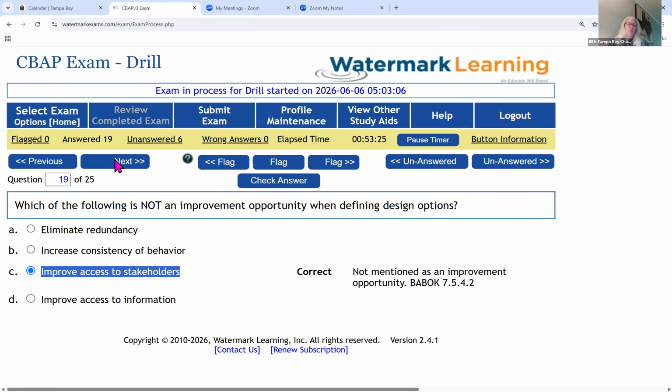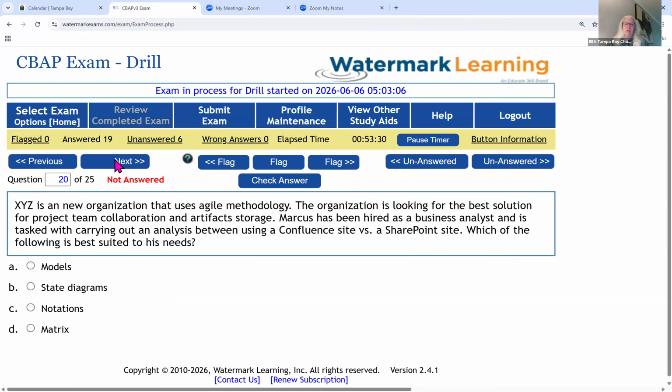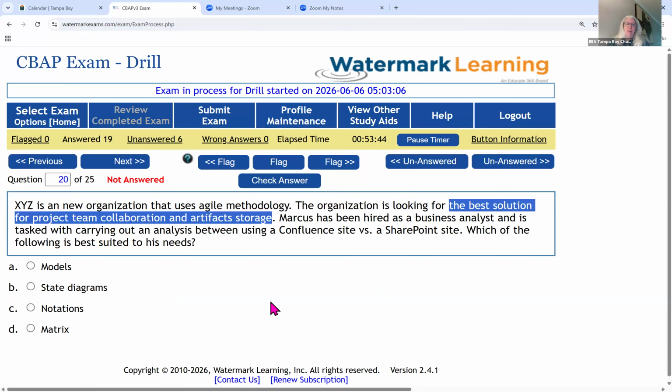Okay, let's go to question 20. XYZ is a new organization that uses Agile methodology. The organization is looking for the best solution for a project team collaboration and artifact storage. So this is their goal right here. Marcus has been hired as a business analyst and is tasked with carrying out an analysis between using a Confluence site versus a SharePoint site.